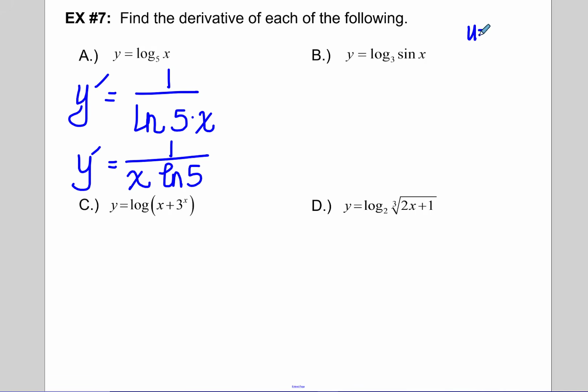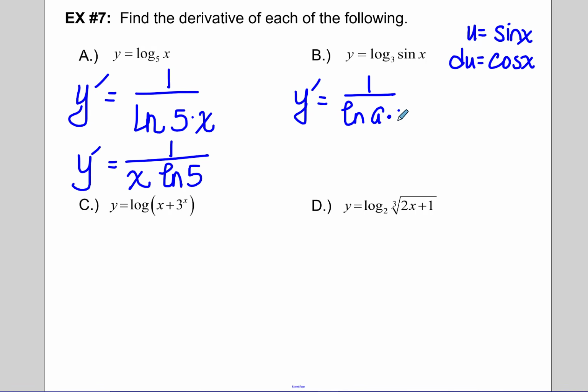This one, if you think about u being sine of x, then your derivative is cosine of x. And your log of base a of u is 1 over natural log of your base times your u times your derivative of your u. So my derivative is cosine. That's in the numerator because we can multiply the 1 times the u prime.